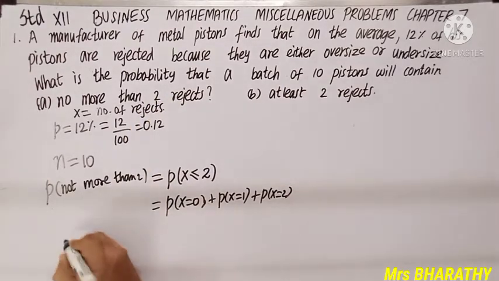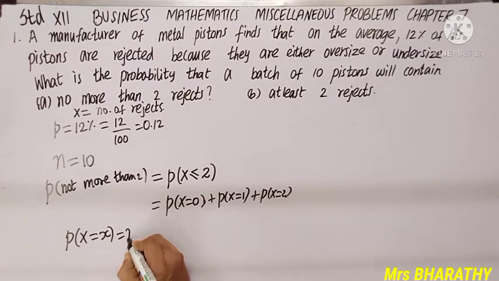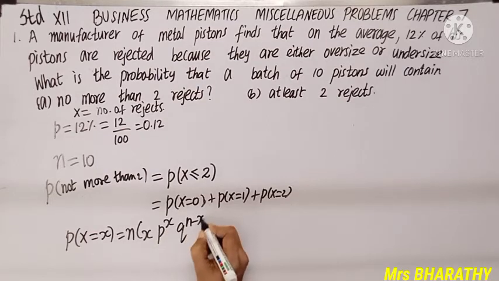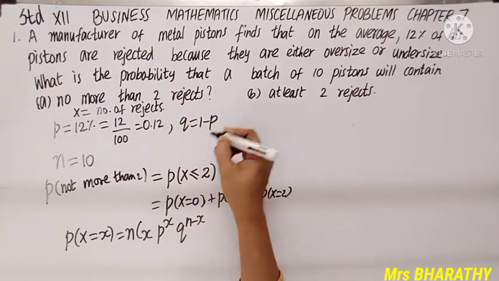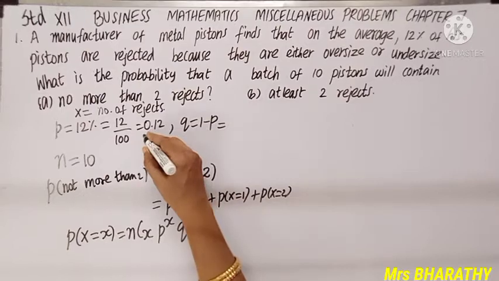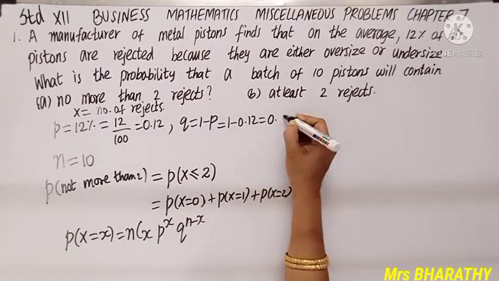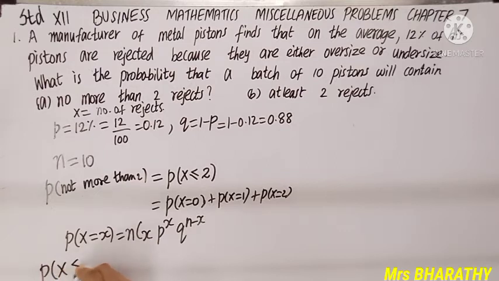As we remember the formula for binomial distribution, it is nCx p power x q power n minus x. As I know p, q equals 1 minus p, or 1 minus 0.12, that is 0.88. As we substitute it, my question is x less than or equal to 2.